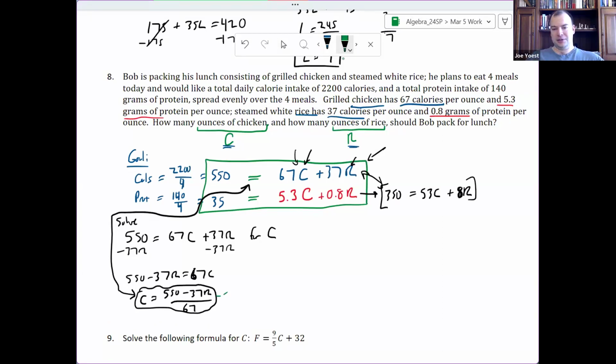Now I want to take this and I want to plug it into my second equation, but not the one with the decimal points everywhere. I'd rather plug it into the one after I've gotten rid of the decimals. So now I have 350 equals 53 times C, but instead of C, I'll just put the stuff that's on the other side of this equation.